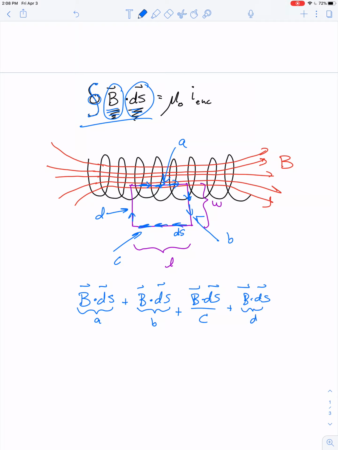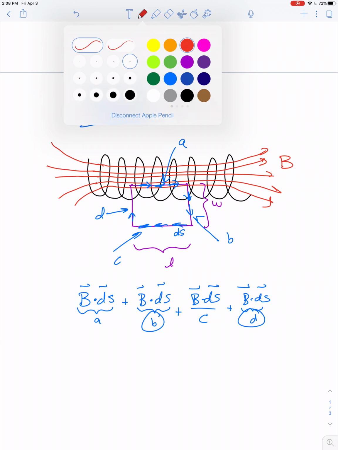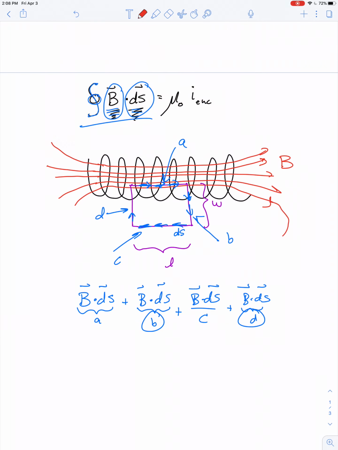Okay, well, let's see. Let's do B and D first. If there is any magnetic field, as weak as it is on the outside, there is some magnetic field at points outside of the solenoid. But any field is going to encounter this side and this side. The field is pointing directly to the left, but ds is either pointing up or pointing down.